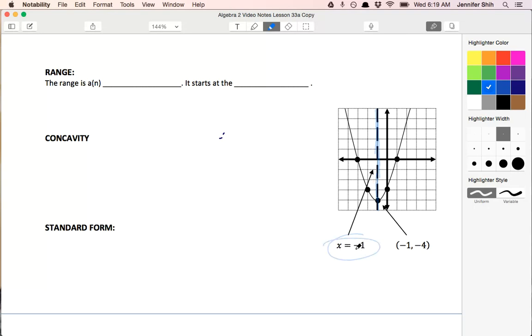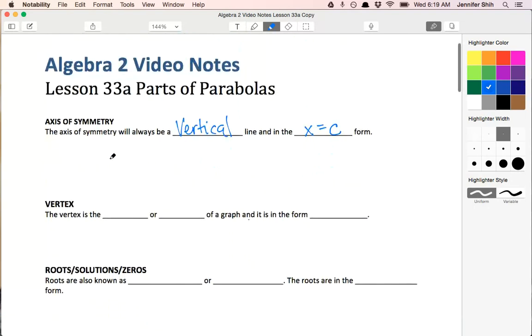Notice, x is equal to -1 is not the location of a point in this case. X is equal to -1 is an entire line. And we're going to have to get used to referring our formulas and our equations to graphs now. We're going to start making that connection. So x is equal to -1 is a vertical line on the graph.